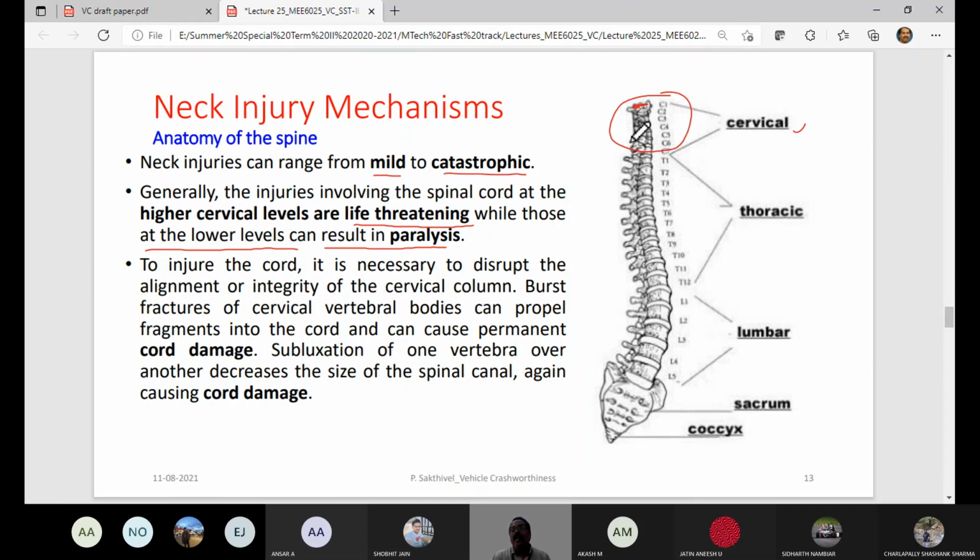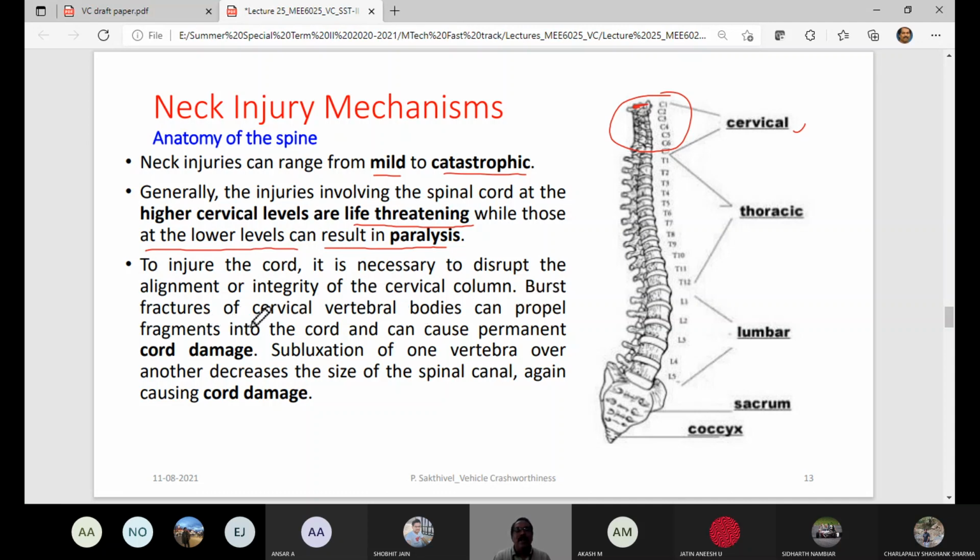This alignment and integrity of the cervical column is not easy to dislocate. You have to give such a force, then only it can. Unless such mechanical forces or moments act on it, nothing will happen to it, right? So that is what this statement refers to.